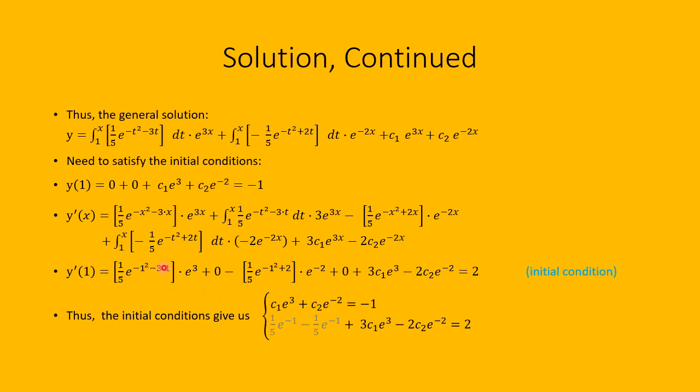The exponent right here is minus 1 minus 3, and then the exponent here is 3. Minus 1 minus 3 plus 3 is minus 1. Over here we had minus 1 plus 2 minus 2 for the exponent when we take this product of exponentials, and that's also an exponent of minus 1. Interestingly, these two terms add up to 0, and we'll note that on the next slide.